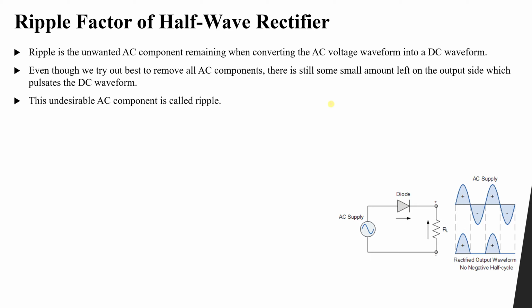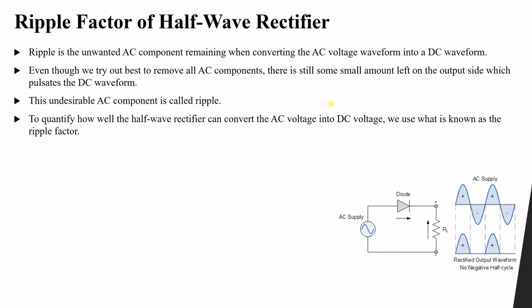This undesirable AC component is called ripple. Now, to quantify how well the half-wave rectifier can convert AC into DC, we use something called the ripple factor, one of the definitions that will help us understand how efficient this rectifier is.